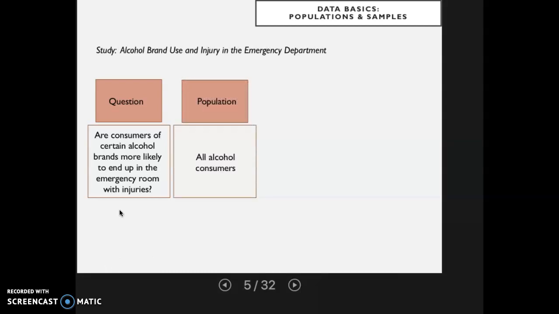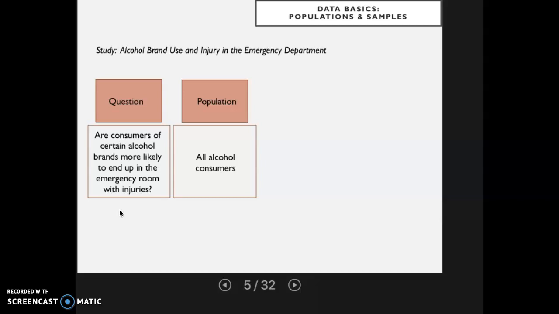The research question driving this particular study was, are consumers of certain alcohol brands more likely to end up in the emergency room with injuries? The population of interest implicated by this question is all alcohol consumers. So this would be the desired scope of inference.